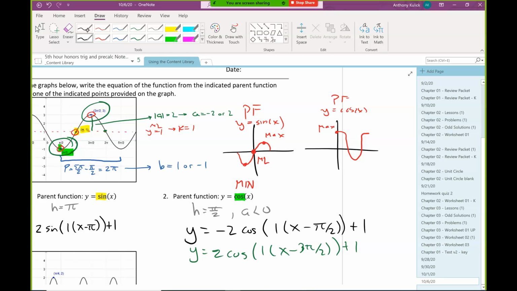Other problems on worksheet 2, it does matter. On worksheet 3, it will matter. So you have to be a little bit careful there, that sometimes it makes a difference and sometimes it doesn't. Does that feel okay? Okay.